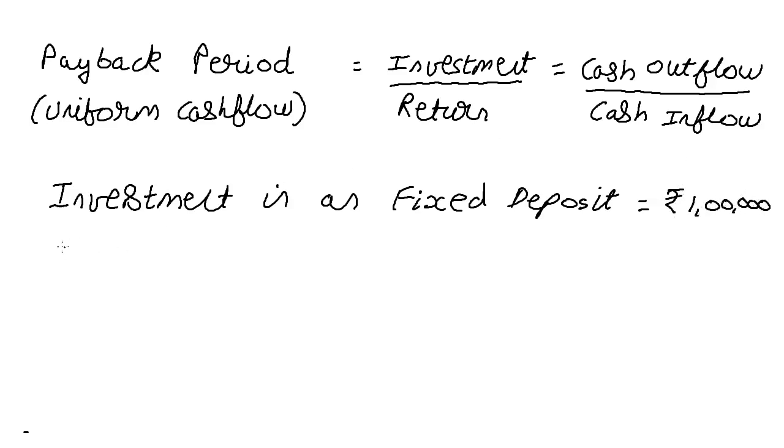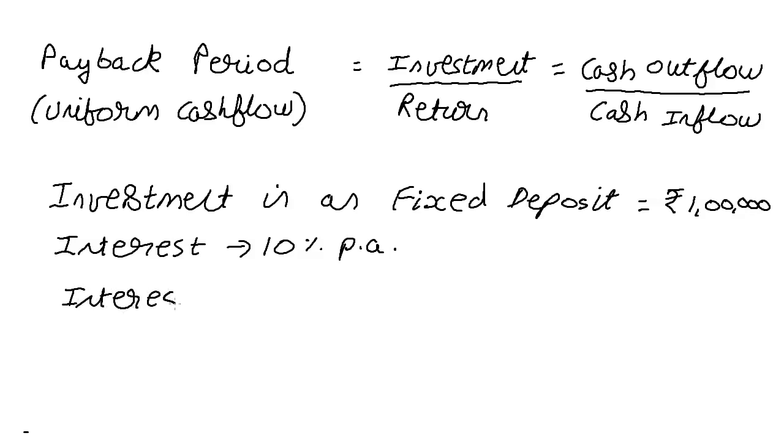And every year, the interest is going to be 10% per annum. That means the yearly interest is going to be equal to the 1 lakh that we have invested into the interest rate of 10%, which gives us 10,000 rupees per annum.